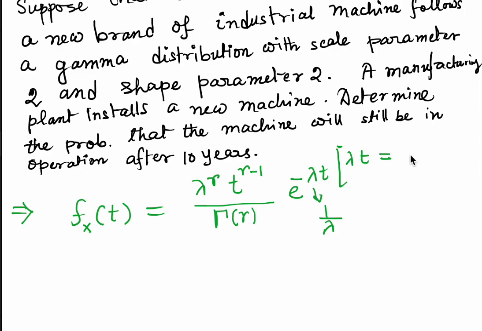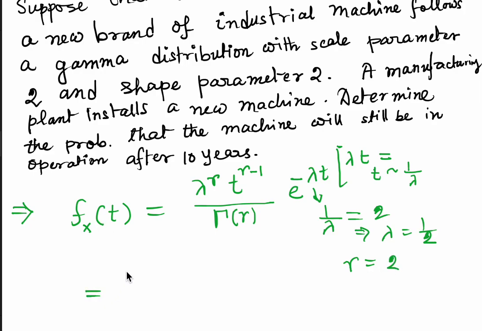So lambda will be 1 by 2, and r is also 2.